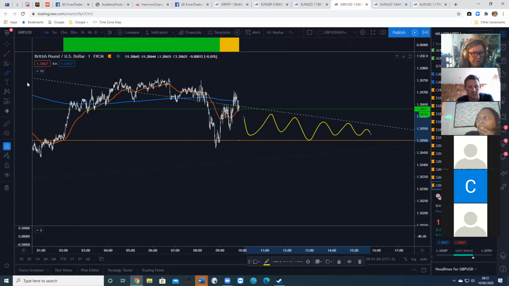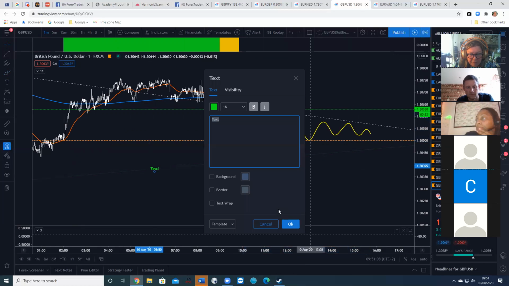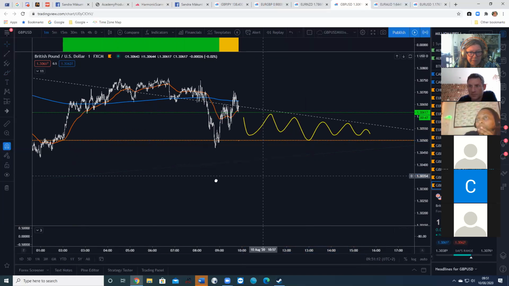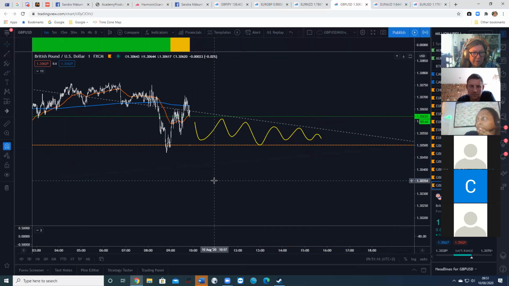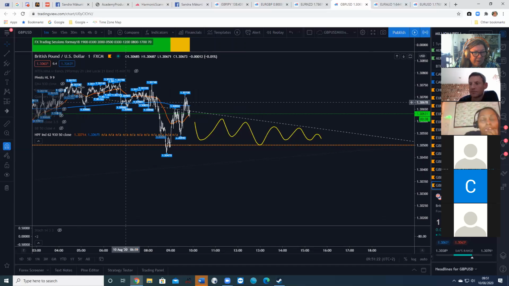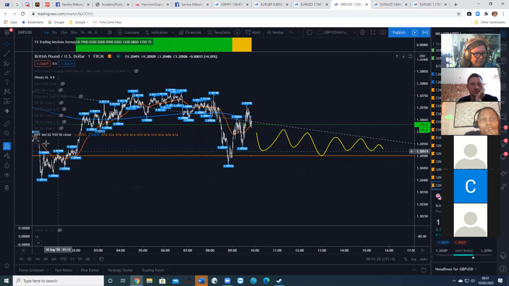So we'll mark this up. At the moment, if we put the pivots on, consolidation all the way through Tokyo, and then lower highs, dip down to quarter theory, just coming up before the previous hour.